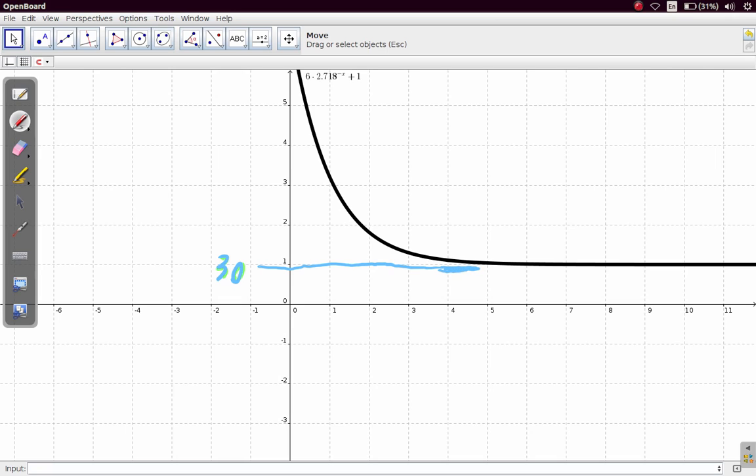In real life it would reach 30, but it will never get cooler than 30, right? Unless you put some cubes of ice in it and stir it, but it's not going to get colder than the surrounding air temperature. So this is an exponential decay.